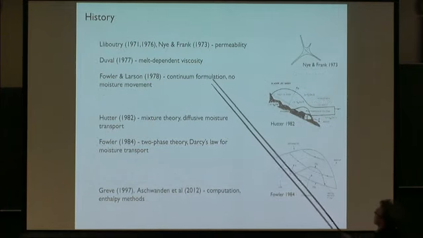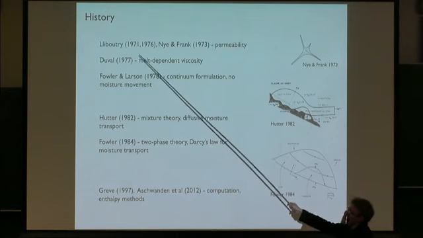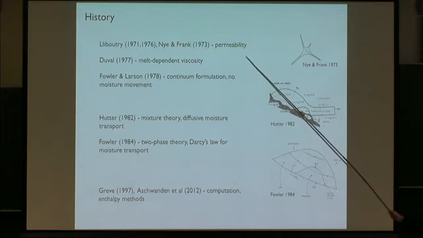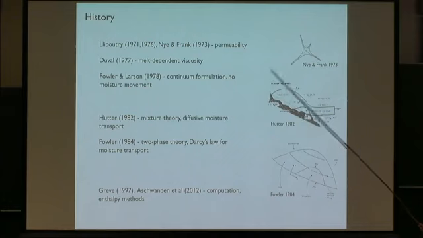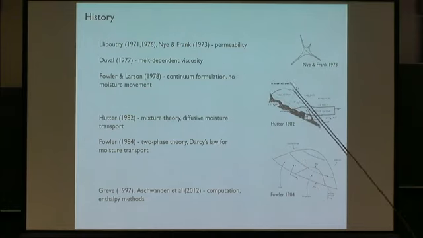And so there's quite a bit of history of trying to model these things, which I'll very quickly summarize. There's a few papers early on which concentrated on trying to understand the crystalline structure of the ice, and particularly whether it was permeable. And the conclusion of that was basically that this is very like silicate melts in the mantle, in that this is a picture of the pore structure.